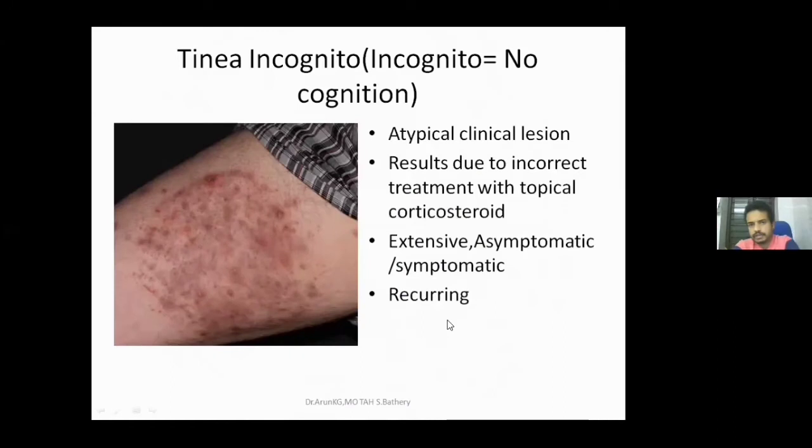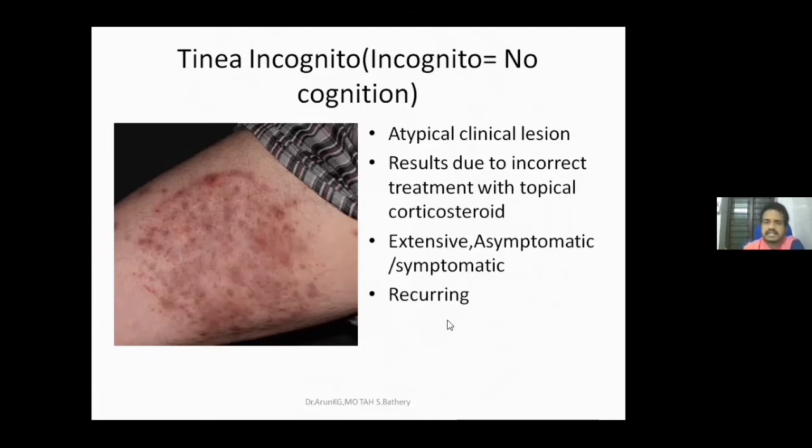And the incognito. Incognito means no cognition, so it is very difficult to diagnose the condition. Here the patient has already applied some topical steroids, and due to that application of topical steroid, the local immunity is suppressed. With the ointment there will be complete remission of the disease, and the very next day there will be aggravation of the symptoms, and very severe aggravation.